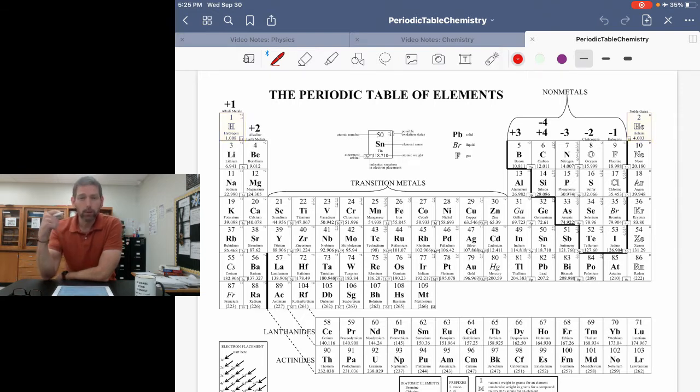Conceptually, we can think of each of the squares, each of the spaces on the periodic table, as a place in some three-dimensional region around the nucleus where an electron could be. Let's put that in air quotations, which looks a little cheesy, but it's true.